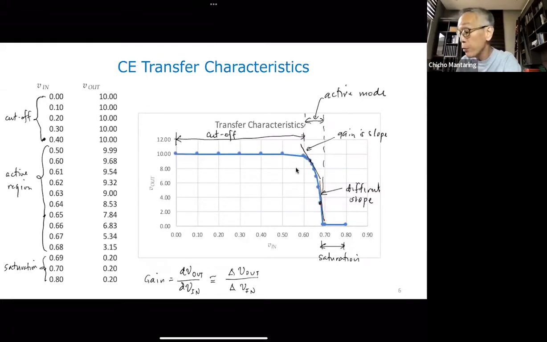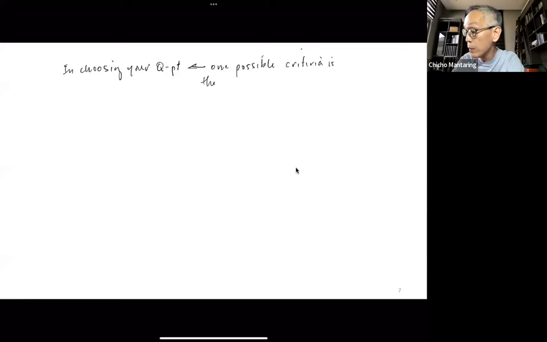So actually, when you choose your operating point, one possible criterion is the desired gain.